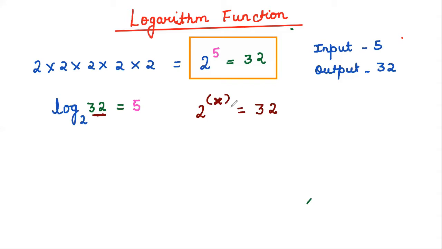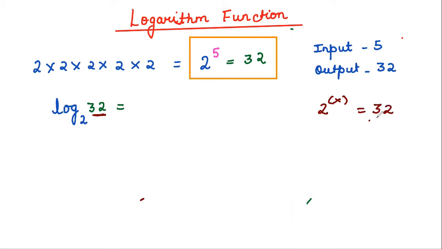But here, the input was 5, you were directly raising 2 to the power 5 and taking the output. Here, we have log to the base 2. The base is the same, but I'm asking you what should be the value of x to which 2 is raised so that you get 32.